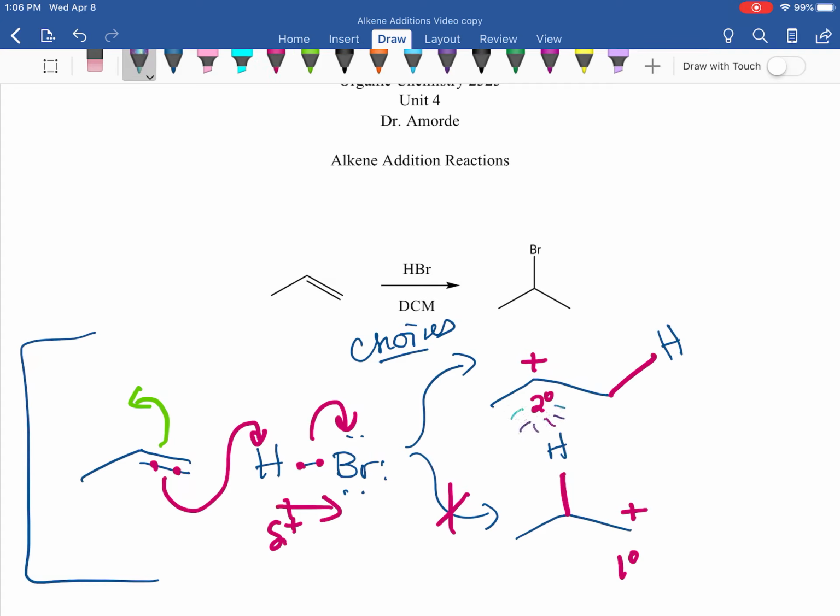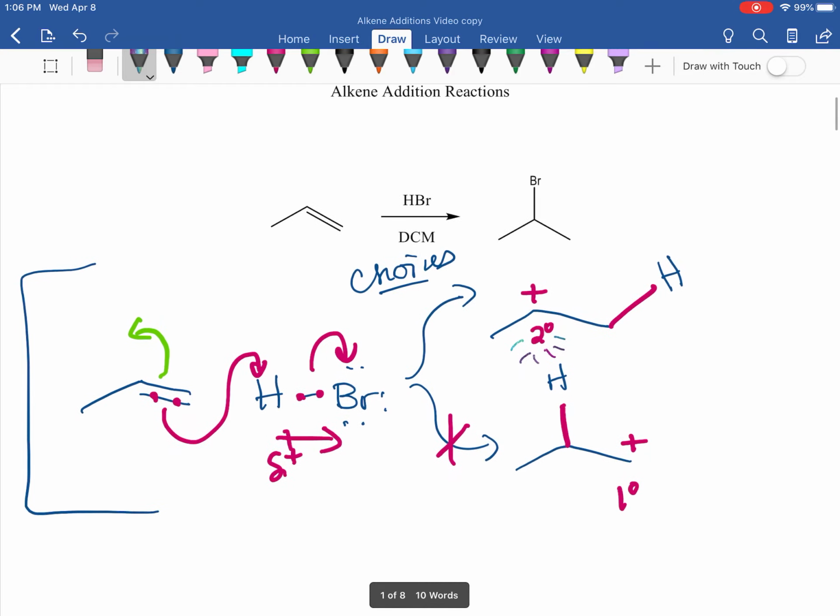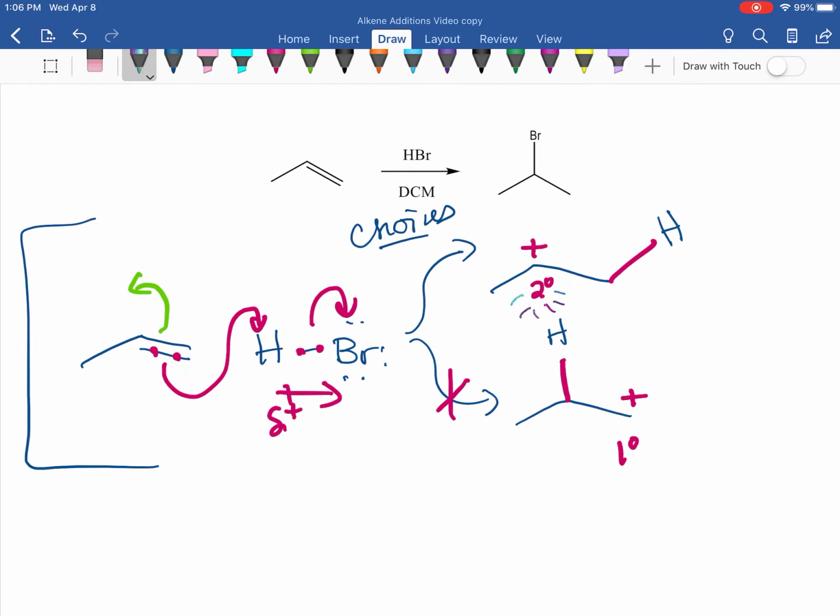So in other words, in Mother Nature, when you do this reaction, that bottom one isn't going to form at all. We have two choices in our alkene, but actually we only form one of them. This is called regioselectivity. You've got two choices, but you end up with only one of them.